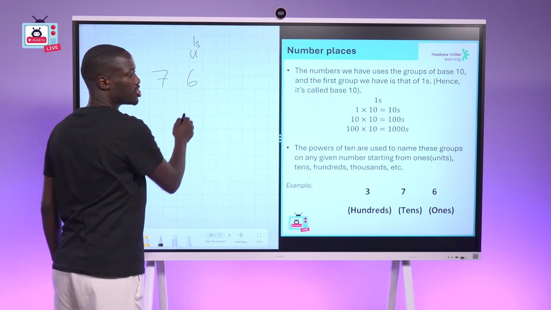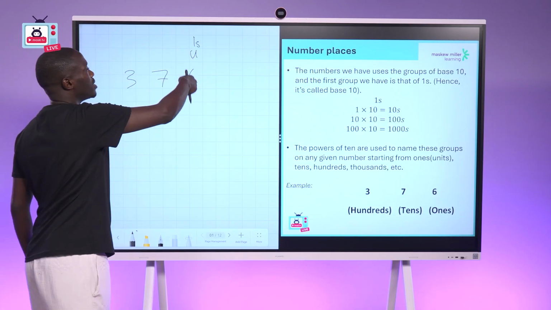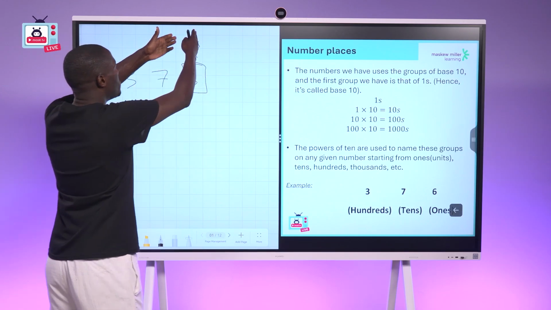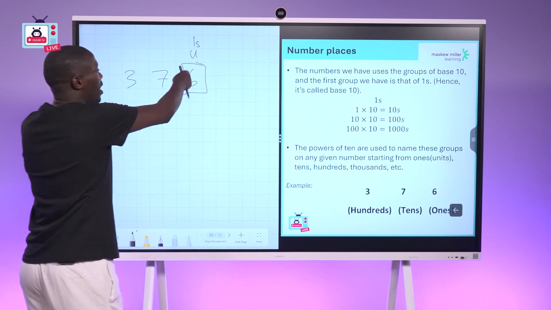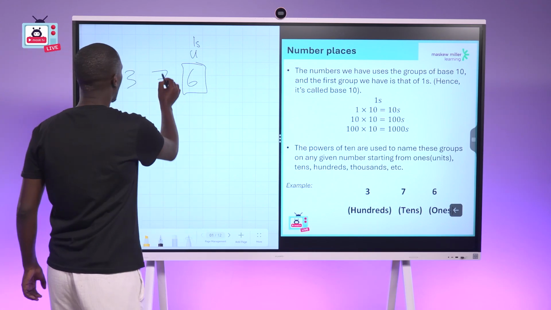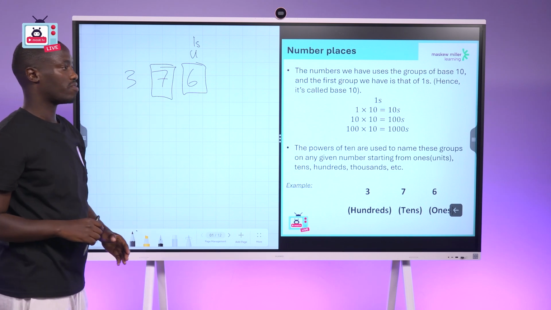So the first digit that we have in any whole number, we call it the ones place. The ones place basically refers to the box which falls on the very first value of your whole number. Now, we also have the second box on 376.